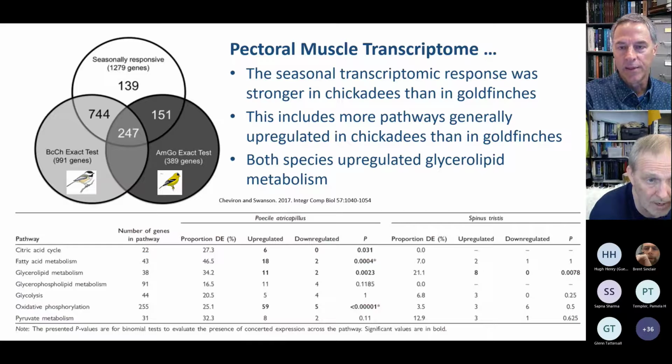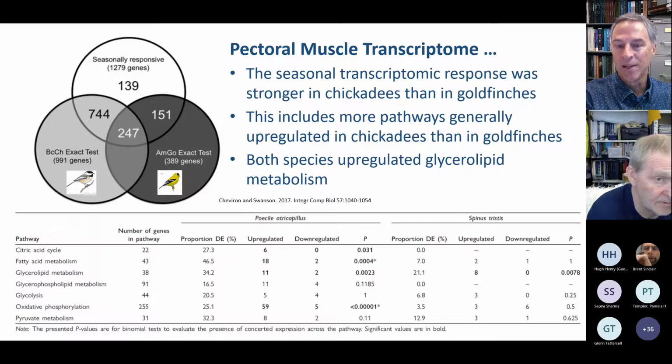And both of these species showed discrete seasonal phenotypes, but the seasonal separation was greater in chickadees than it was in goldfinches. So you saw more genes and more pathways that showed differential expression in chickadees than you did in goldfinches.